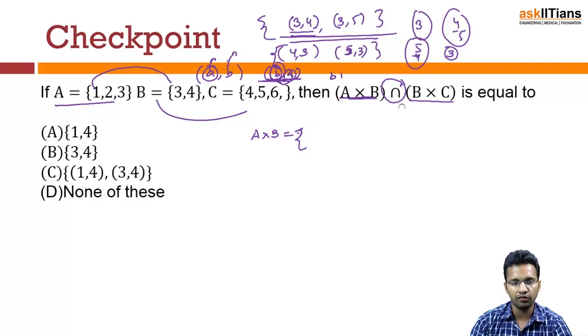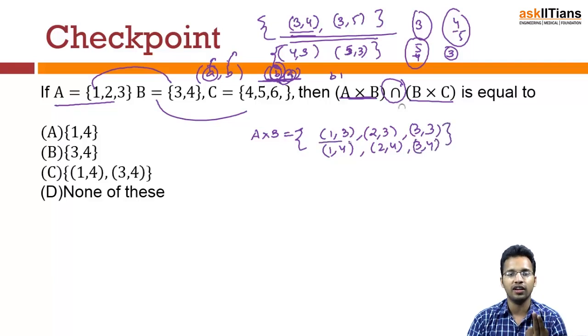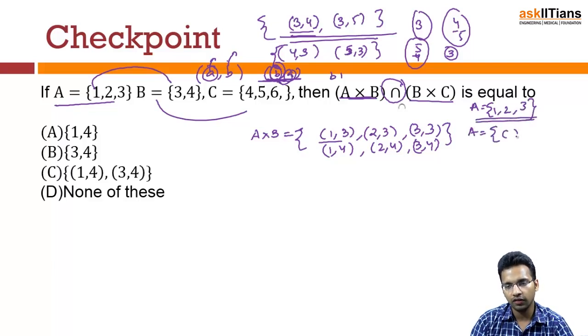A cross B will be (1, 3), (2, 3), (3, 3) and (3, 4). I'll write it symmetrically so that it is very clear to all of you. Now these again are all elements, but two-dimensional elements. Like earlier we used to write A as {1, 2, 3}, so this was also a set. Now if you are writing it within braces, it means it's a two-dimensional thing.